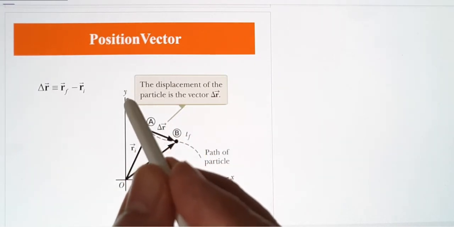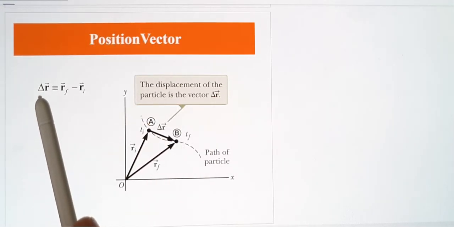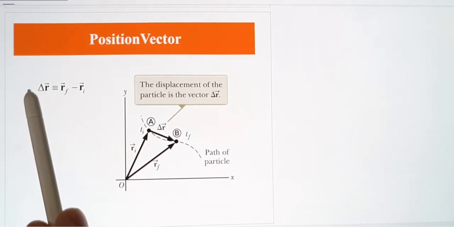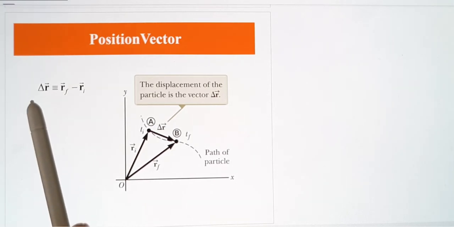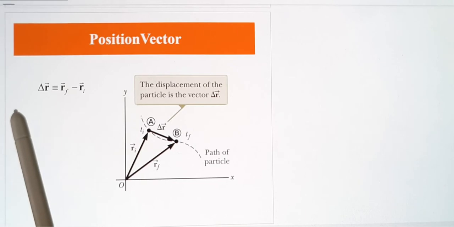In our motion, we start with the displacement vector, delta r. And then from the displacement vector, we have the velocity, delta r over delta t. And from the velocity, we have delta v over delta t.